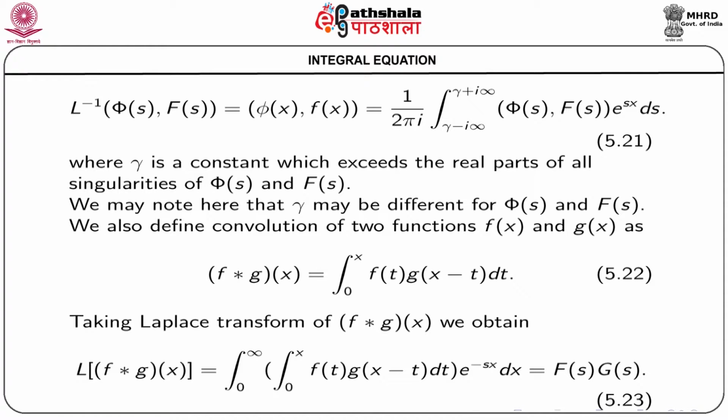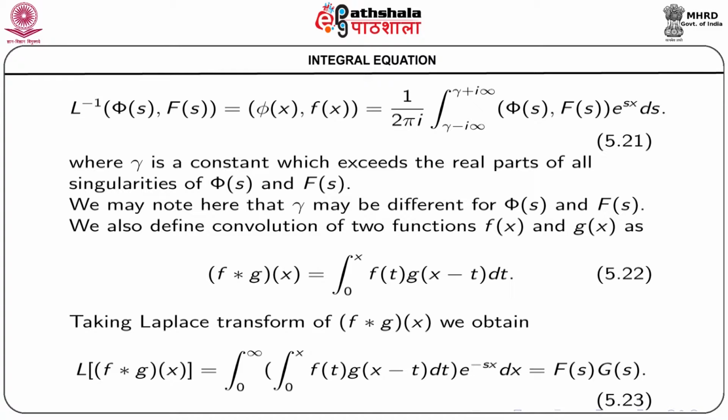So, this much of Laplace transform we will require to solve the Abel integral equation. Now, in 5.23 we have seen that Laplace transform of convolution of two functions f and g is the product of transformed function F s and G s.